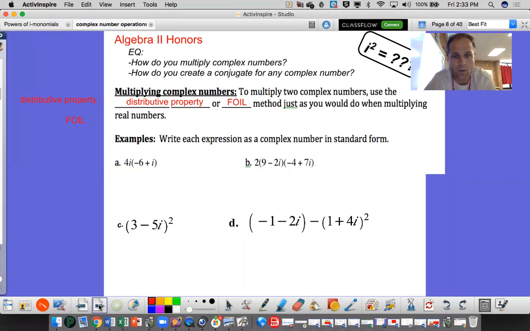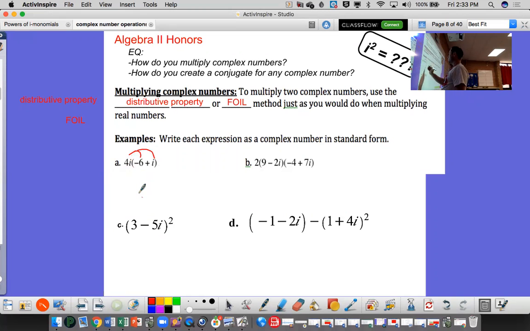The first problem down there you can probably already do because of what we did in the last little video lesson. So if we distribute, we get -24i plus 4i squared.